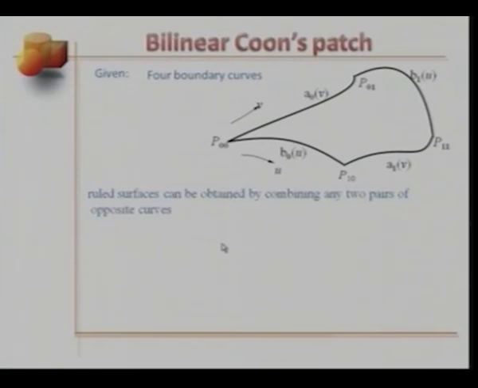Here, we do not have any additional information, so we'll probably be using ruled surface models. We can obtain them by combining any 2 pairs of opposite curves. For example, we can combine these 2 curves or combine these 2 curves.